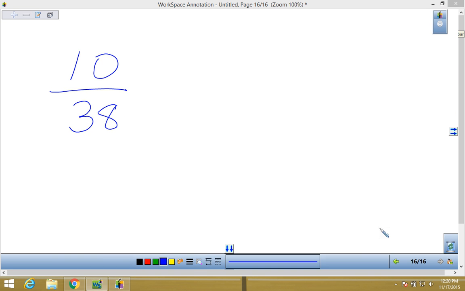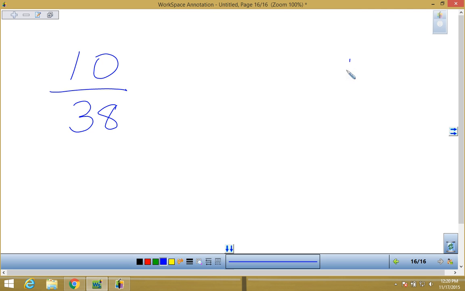Some of these you might be able to see the GCF right away. Some of them you may not, and you would need to list out the common factors. When you think you know the GCF, raise your hand. Gabby, what do you think the GCF is here? 2. Okay? Because 10 only has 1 and 10 and 2 and 5.